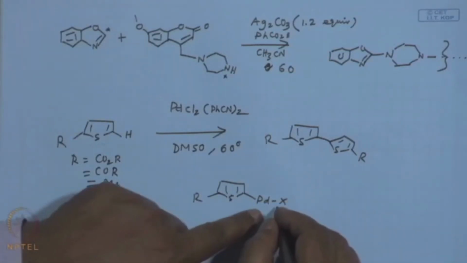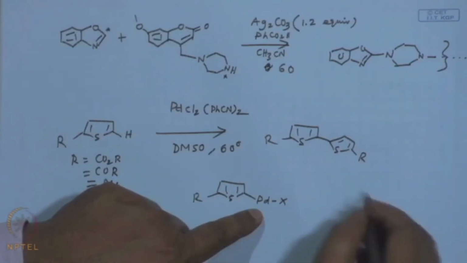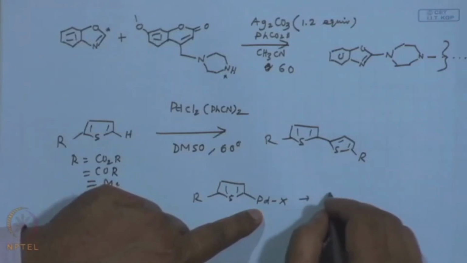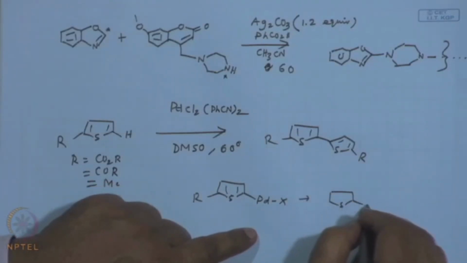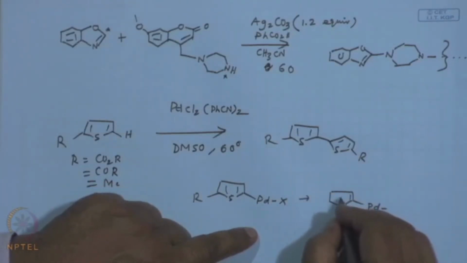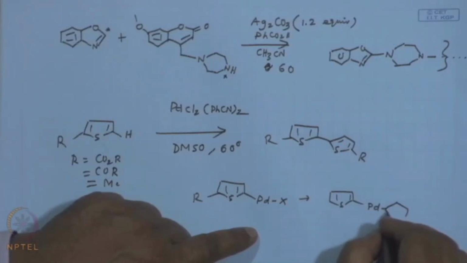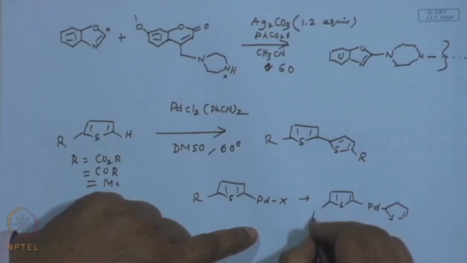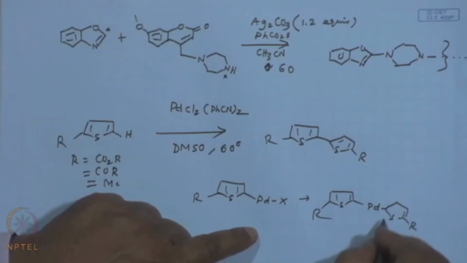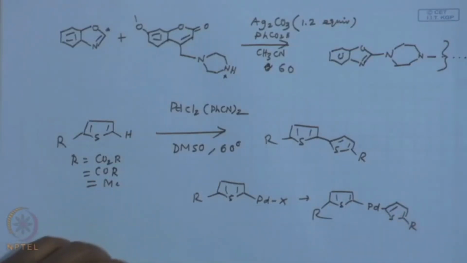This X can again undergo electrophilic substitution with another molecule. So, eventually we will get a palladated bithiophene, right, and bithiophene. Then what?